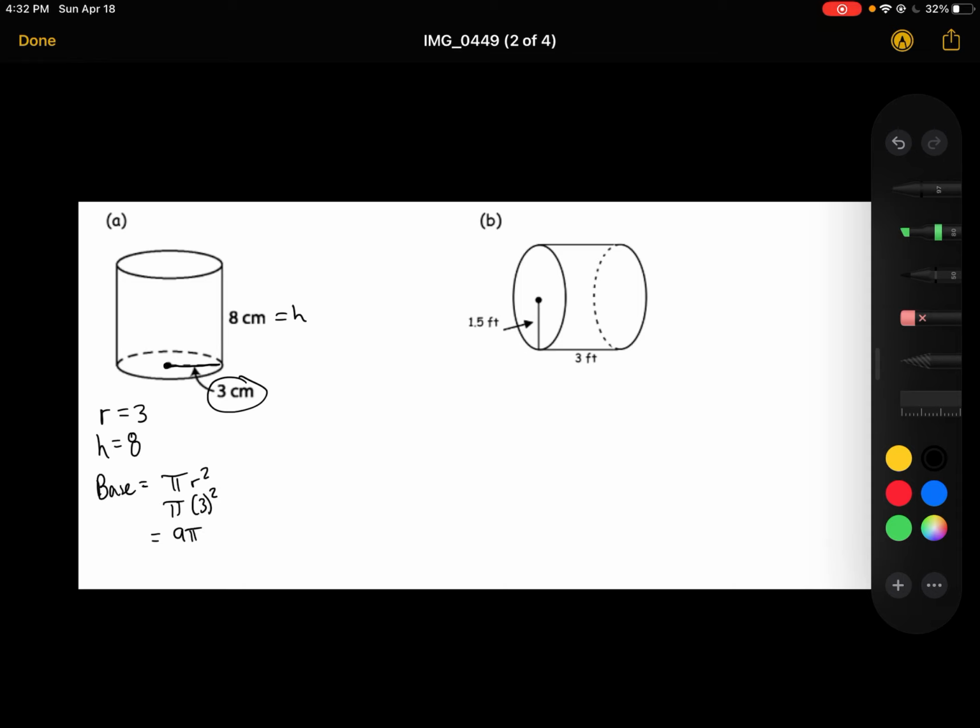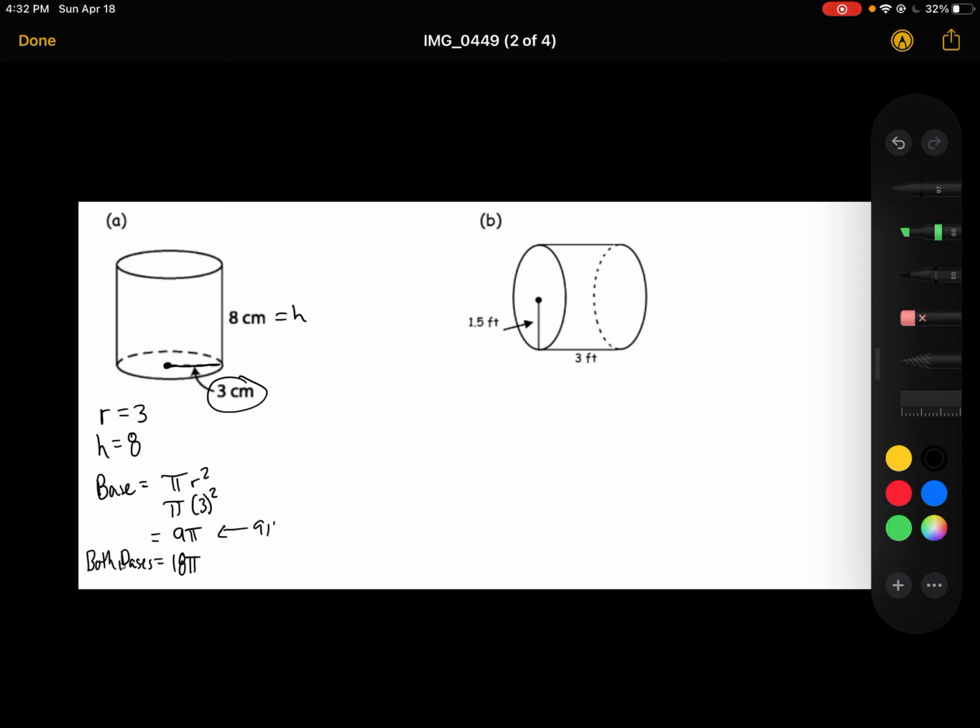So we start off with our base. We know that area equals pi times r squared. So we can plug in 3 squared. So our base area is 9 times pi. We have 2 of these, or 2 bases. So you can either multiply it by 2, or double it, or do 9 pi plus 9 pi.